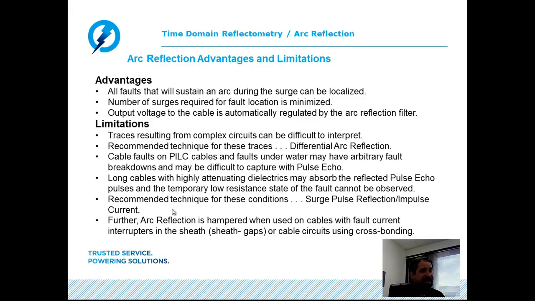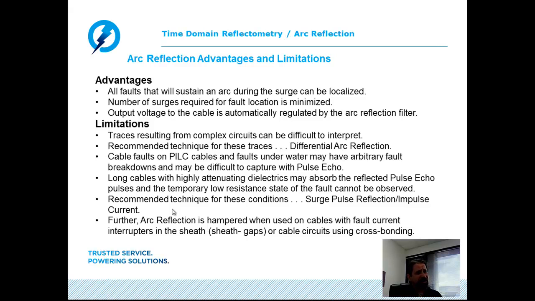We may not be able to see the actual fault event just because the signals attenuate before they get back to the receiver. So if we are dealing with very long cables with very highly attenuating dielectrics, or cables that have very severe neutral corrosion that is just attenuating our pulse echo signals, a recommended technique in these situations would be the surge pulse reflection technique.